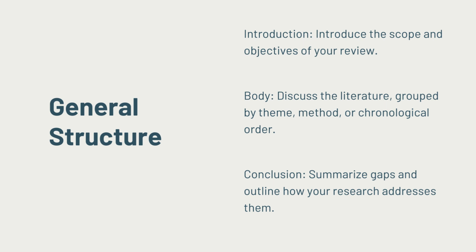If you're not comfortable with this method, you can organize it chronologically, as in relate to us what have the earlier studies found out and go all the way down to the most recent ones. And yet again, if you are also not comfortable with that method, then you can organize your literature review methodologically or basically grouping studies by research methods.